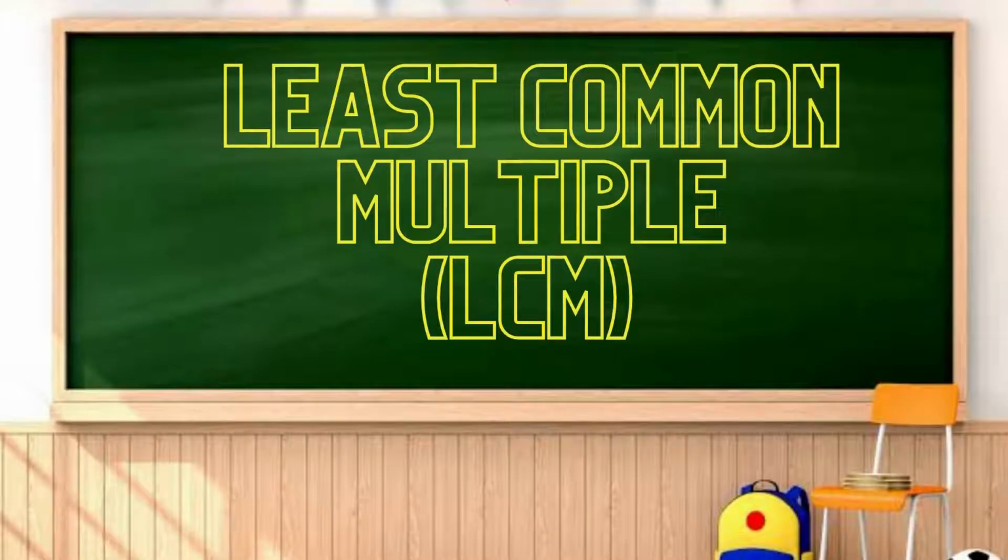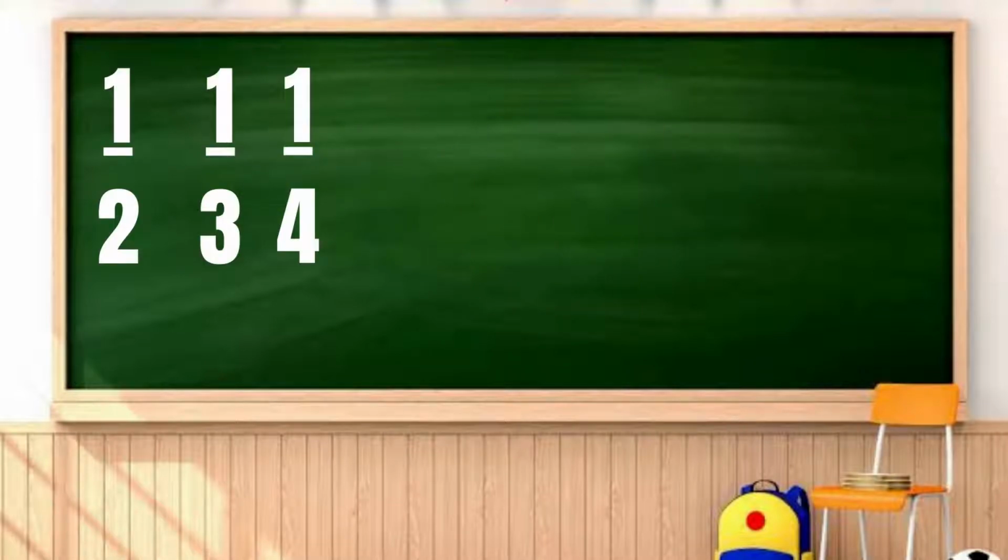How do we get the least common multiple of given numbers? We are going to list down the multiples of the denominators until we get a common multiple. Let us have 1/2, 1/3, and 1/4 as an example. We are going to list down the multiples of 2, 3, and 4.